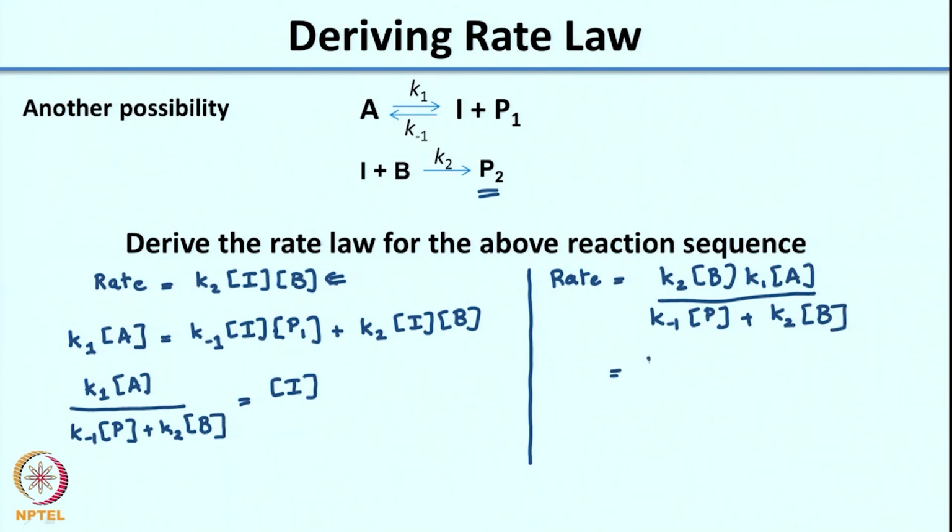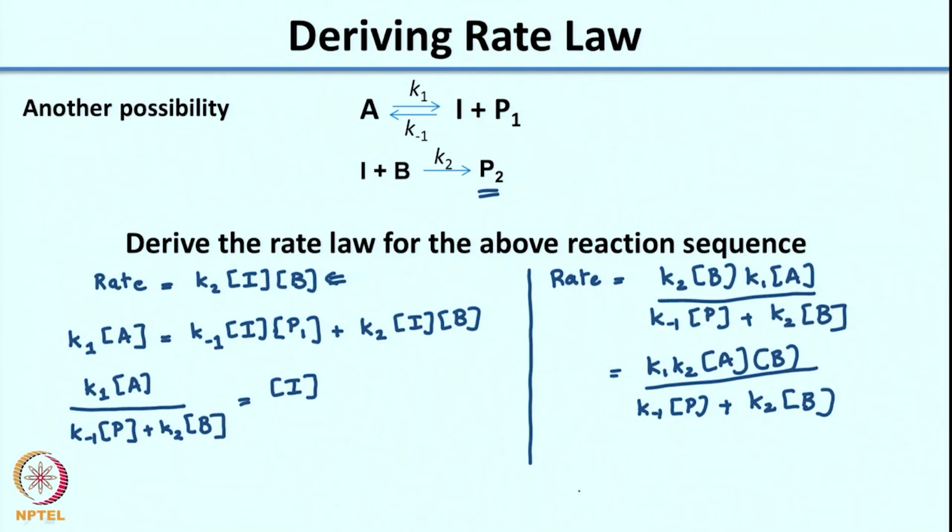So that is K1, K2, A, B over K minus 1P plus K2B. So this would be the rate law for the complex reaction that we have seen.